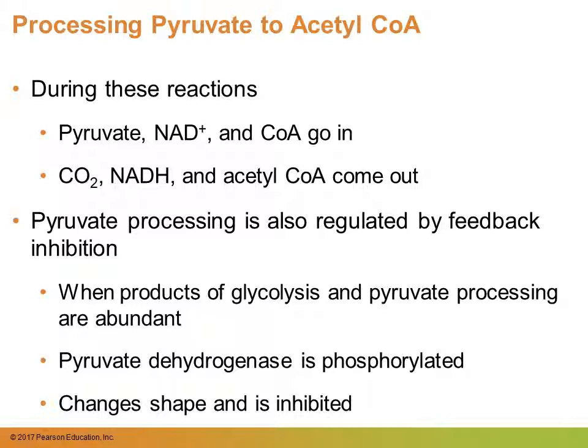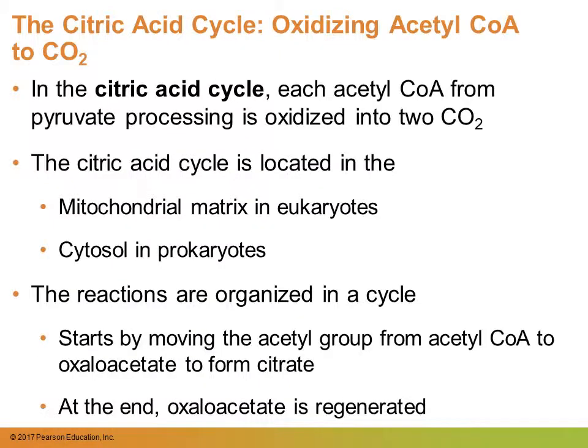So when there are abundant amounts of ATP, pyruvate processing will slow down. Step 3 is the citric acid cycle, and the citric acid cycle also takes place in the mitochondrial matrix. Now keep in mind, if we're talking about prokaryotes, everything is going to occur in the cytosol.